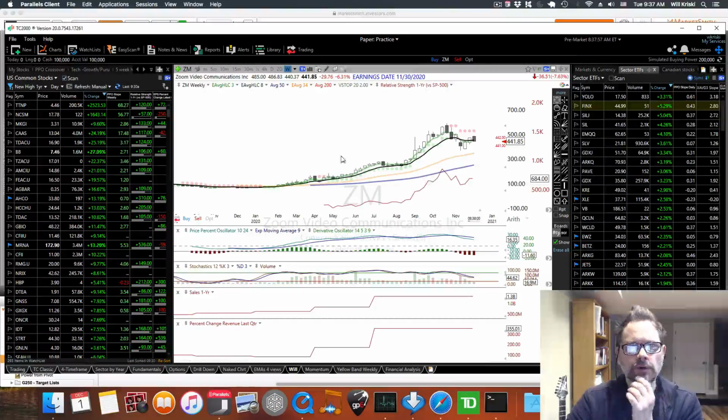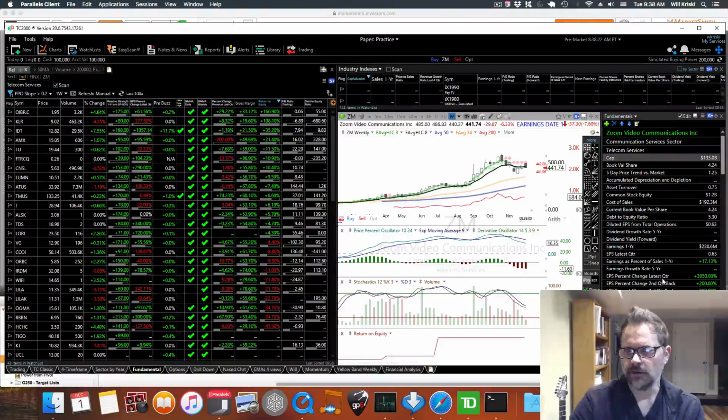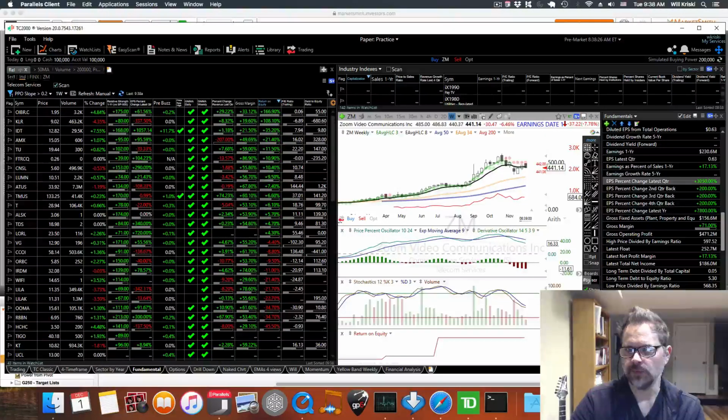And you can screen stocks; I now combine fundamentals. I want to make sure they're good growth stocks, with good earnings, or at least good sales. If it's an earlier stage company, you want to see increasing sales. You won't necessarily have positive earnings at that point. If I go to the fundamentals tab, I can see the earnings percent change, which is obviously really good for Zoom, and also the percent change in revenue.